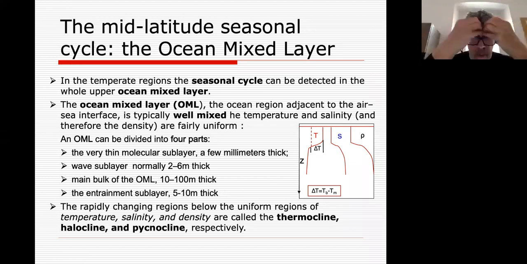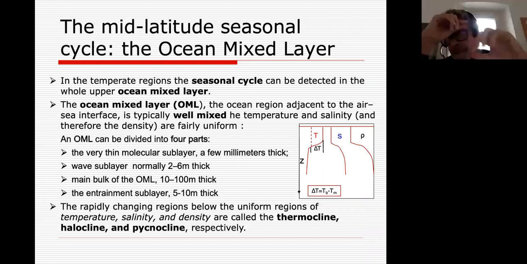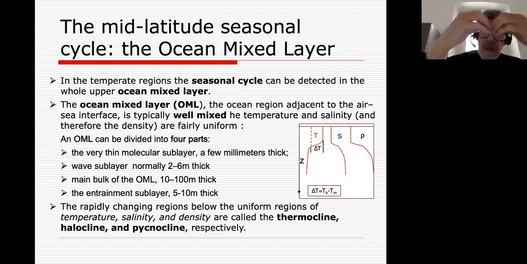And even more important from a practical point of view, the temperature of this skin layer, as it is frequently called, is the temperature that is detected by satellites. Satellites can detect the skin layer temperature, not the bulk temperature of the ocean, nor the temperature of the mixed layer.